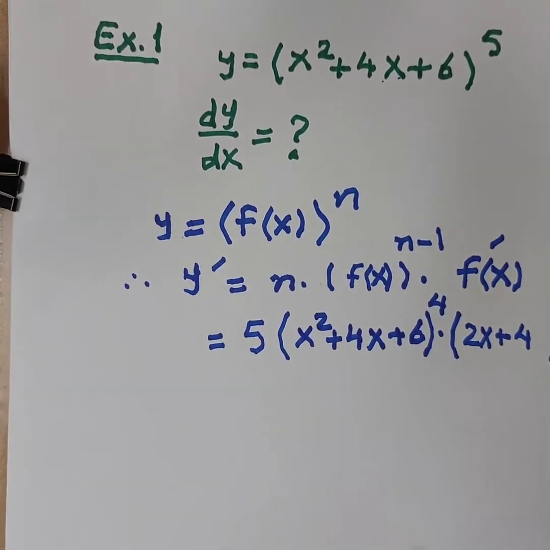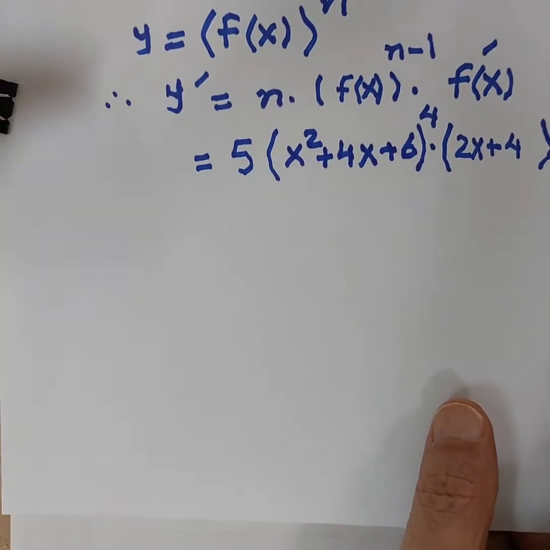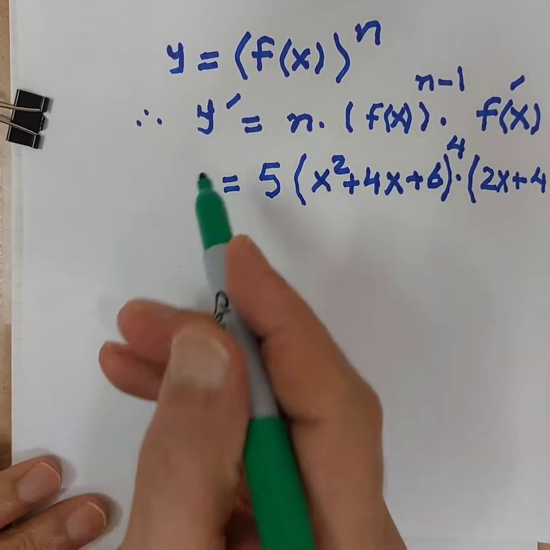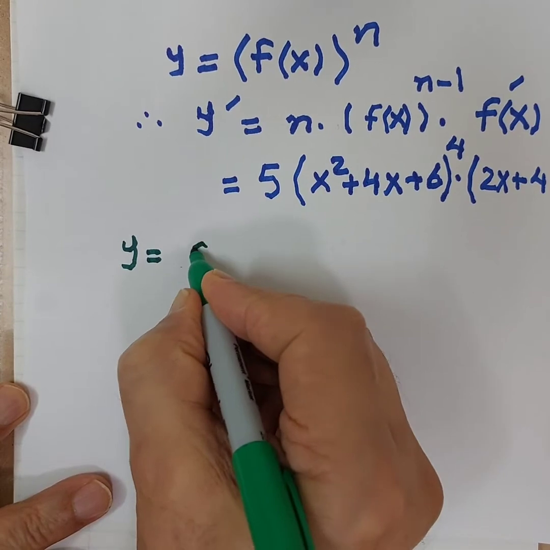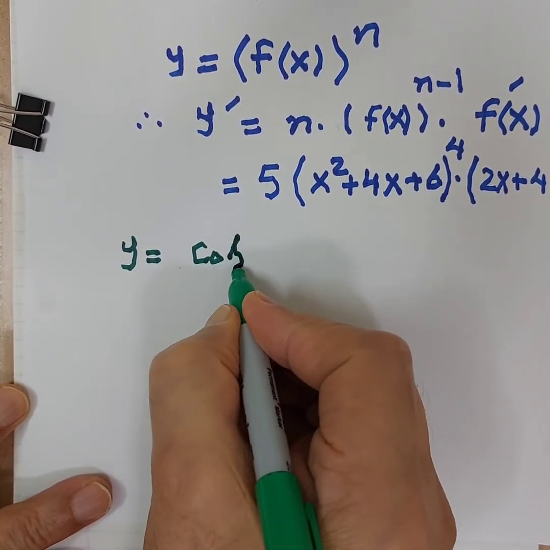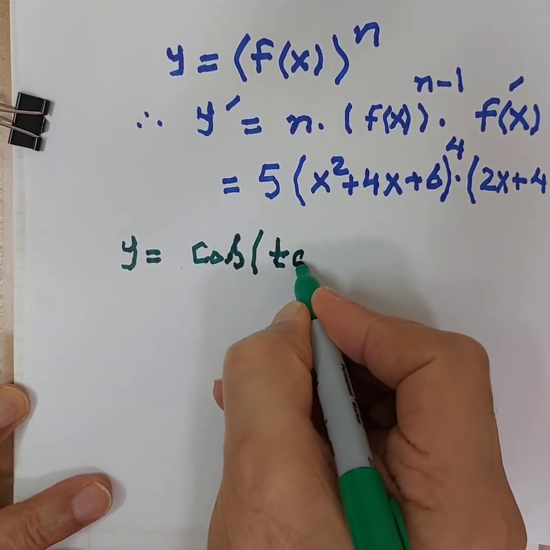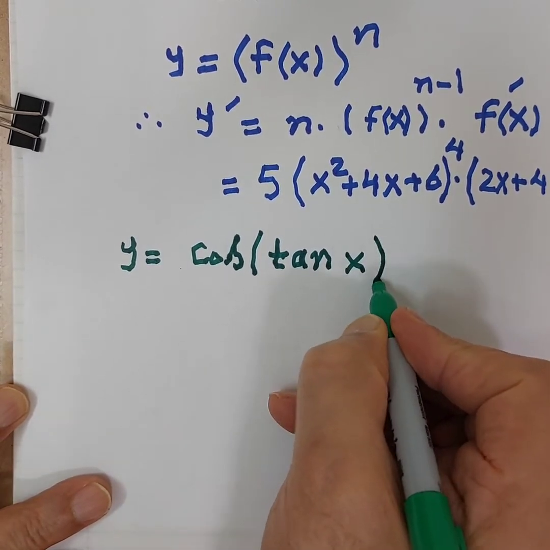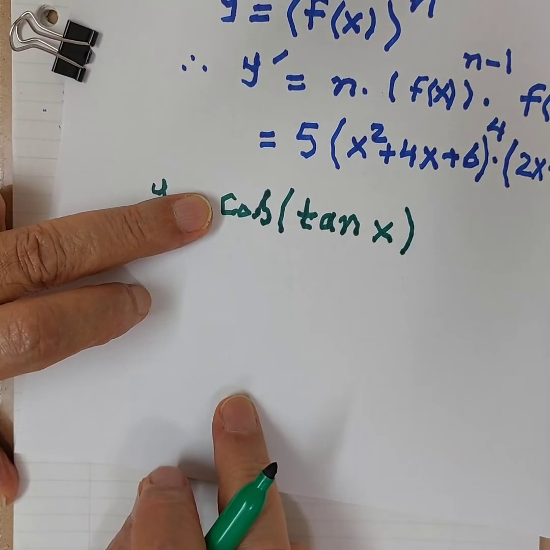Example 2. If y is cosine of what? Of tan x. Cosine of tan x.